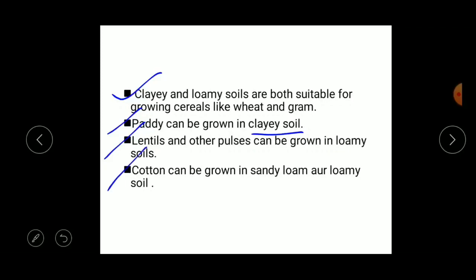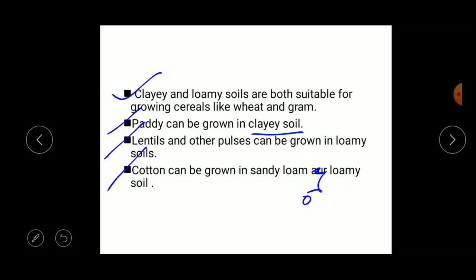The next point is cotton can be grown in sandy loam or loamy soil, because it drains the water easily. Understood, children?